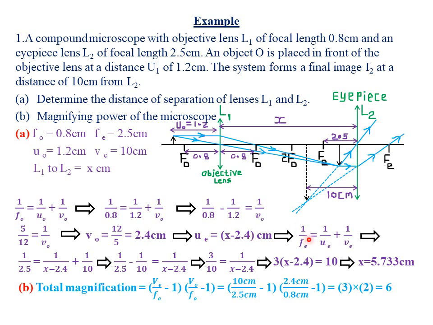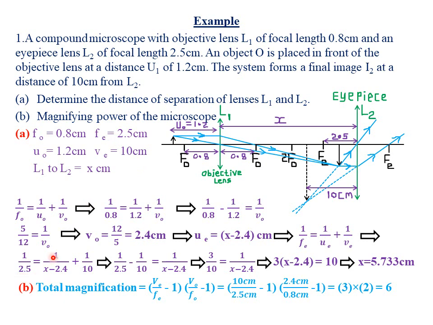Then I replace in the lens formula, but now for the case of the eyepiece, whereby we'll simply say 1 over Fe must be equal to 1 over Ue plus 1 over Ve. Of course, Fe represents the focal length of the eyepiece, Ue represents the object distance of the eyepiece, then Ve represents the image distance of the eyepiece. So 1 over the focal length of the eyepiece, which I was given as 2.5 centimeters.